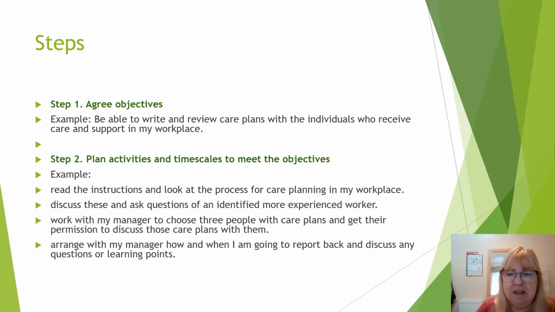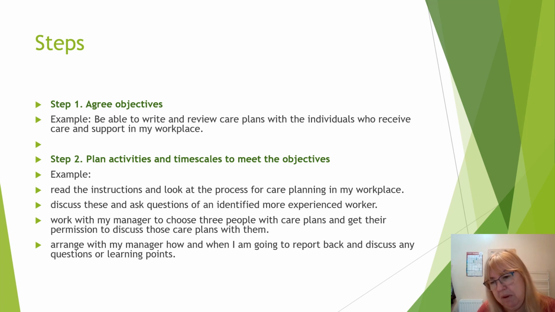Another activity, next after that, is to discuss it and ask questions of a more experienced worker so that you make sure you've got the process clear, you know what you're doing. Then a third activity would be to work with my manager to choose 3 people with care plans and get their permission to discuss the care plans with them.